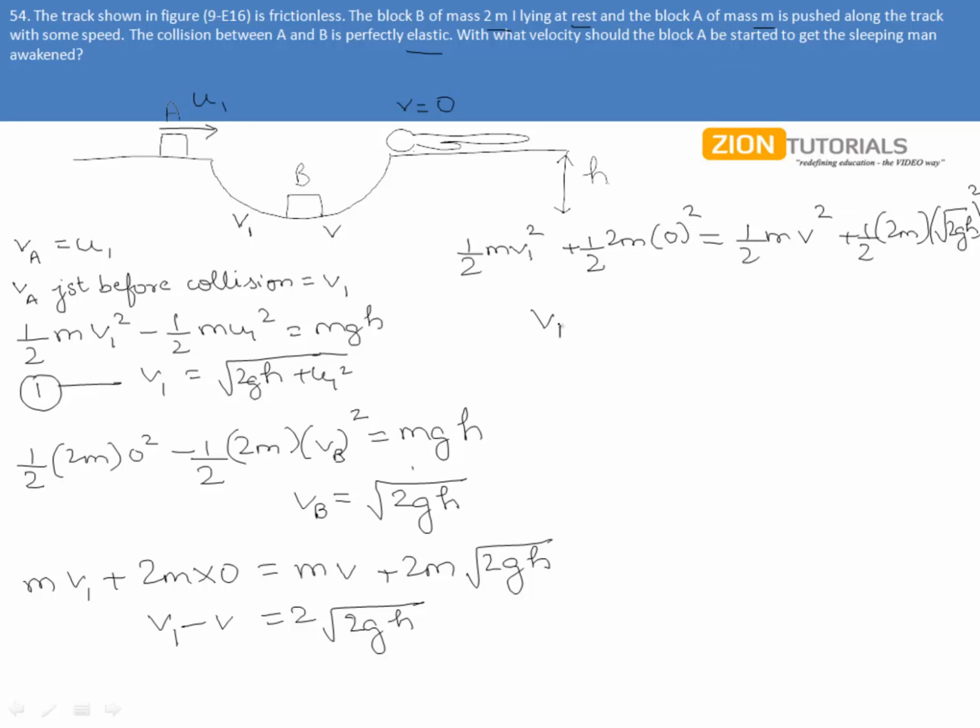So this gives me the equation v1 square minus v square to be twice of under root 2gh under root 2gh.